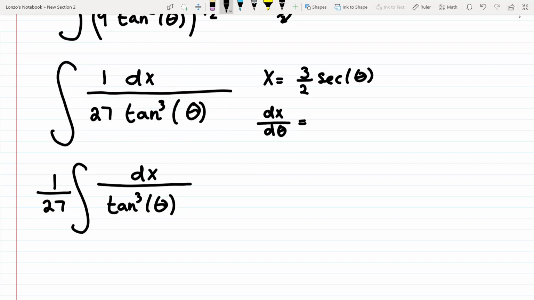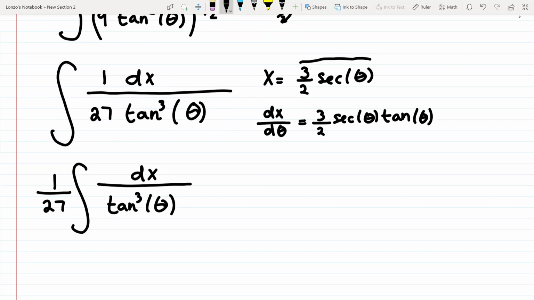We factor out the constant, and the derivative of secant theta is secant theta tan theta. So the derivative of this whole thing is 3/2 secant theta times tan theta.